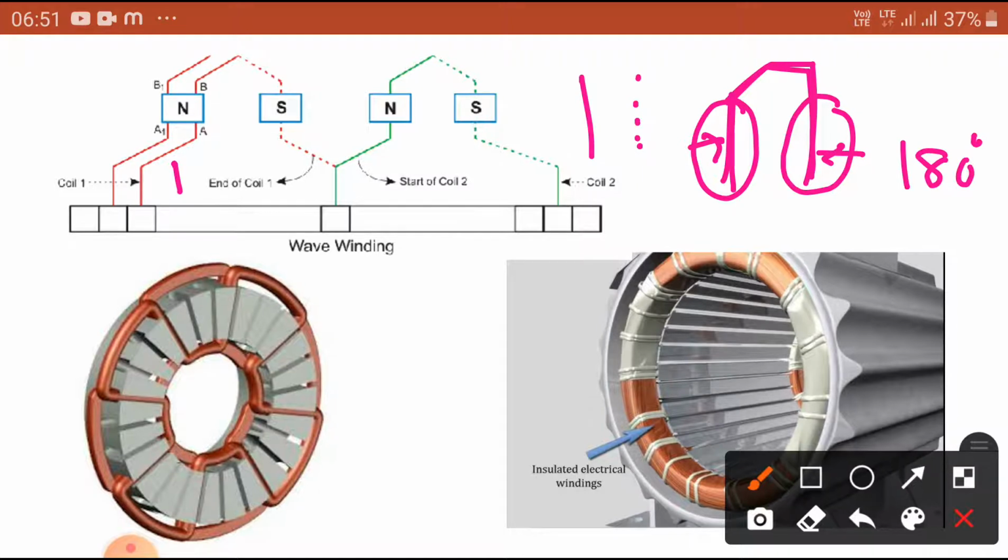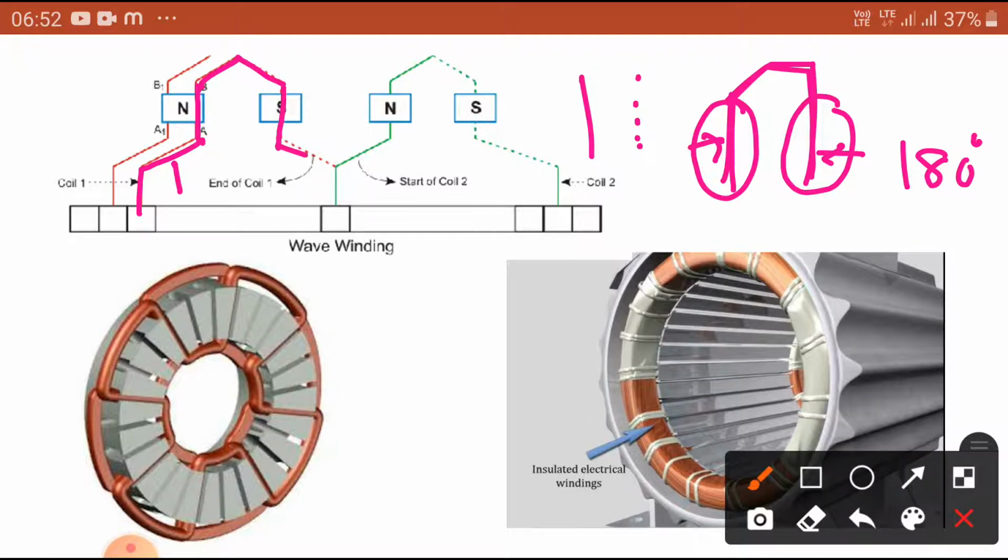Now here the red color, let us take this under the north pole. Let us assume here is one conductor. This conductor is connected here in the slot, and at the back pitch it is connected under the influence of the south pole. Then it should be connected to the next coil with the front pitch gap.